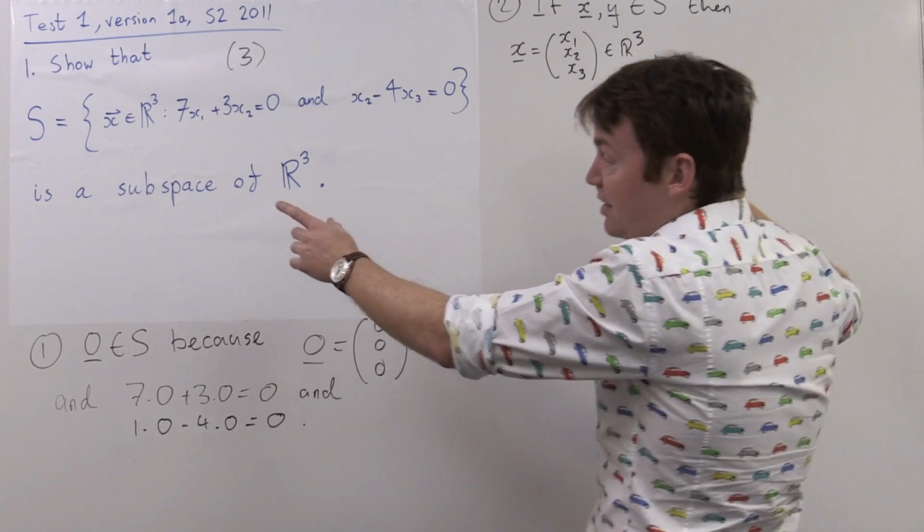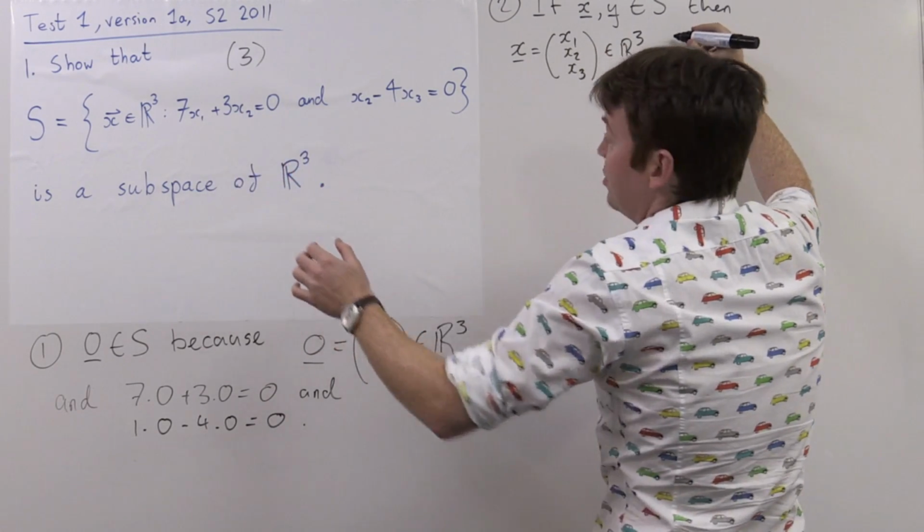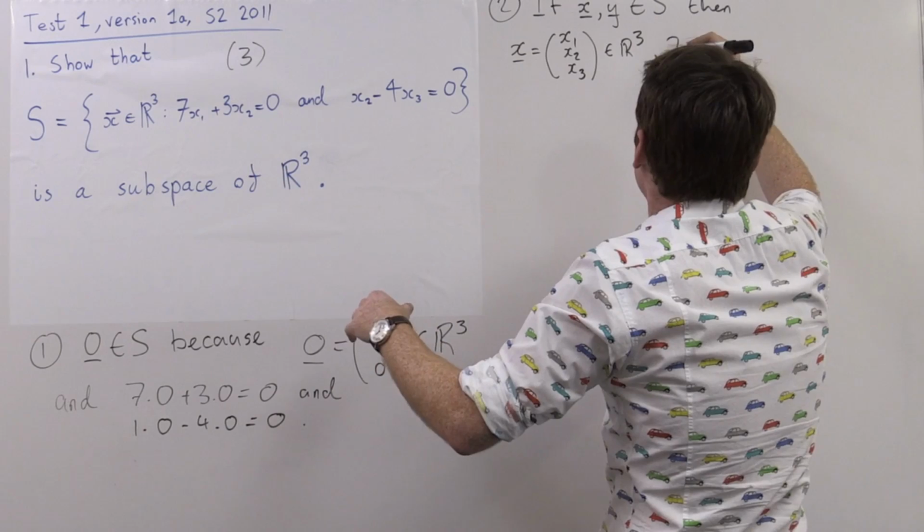So that means if x is in S, then this first condition holds. It's a vector from R3, 7x1.